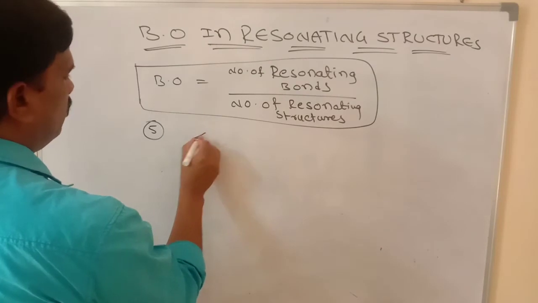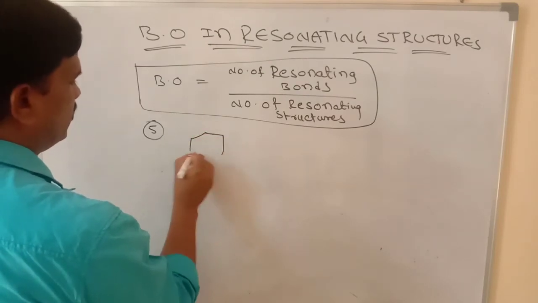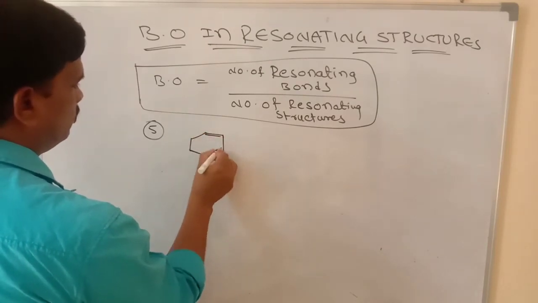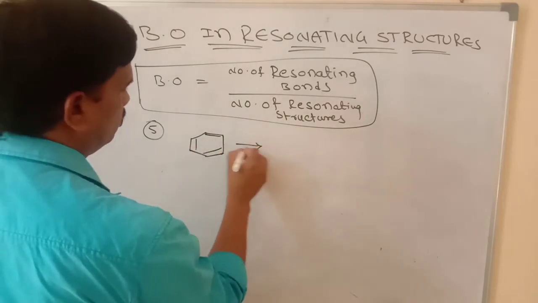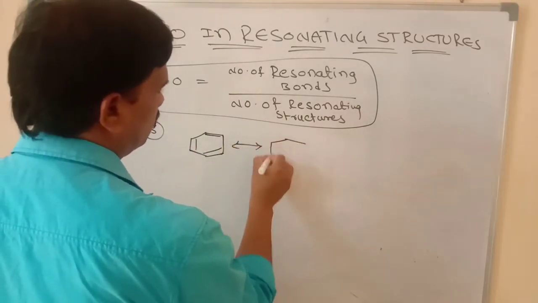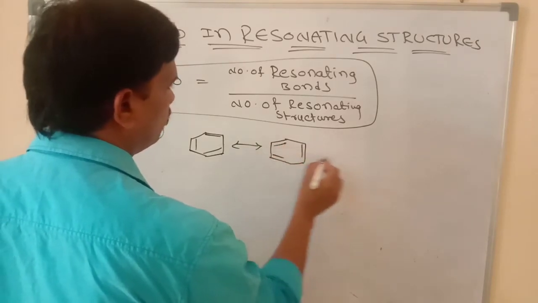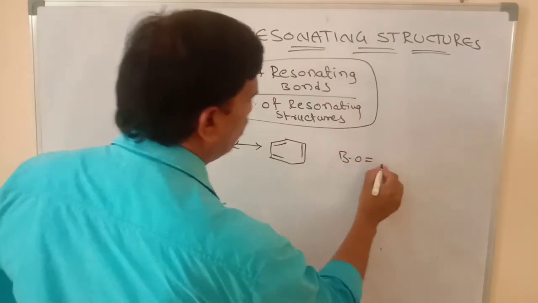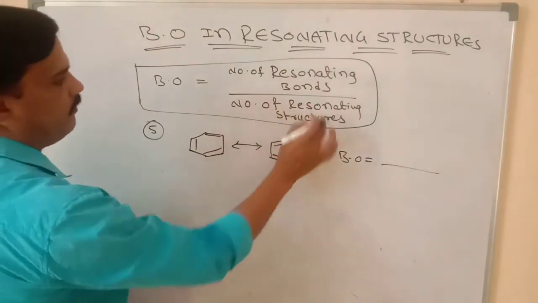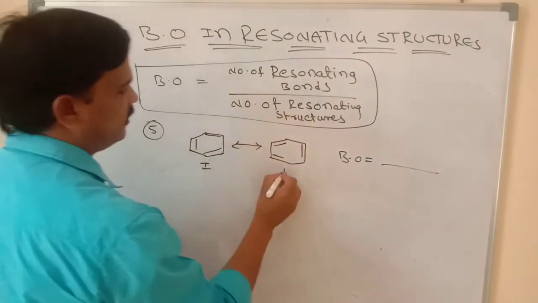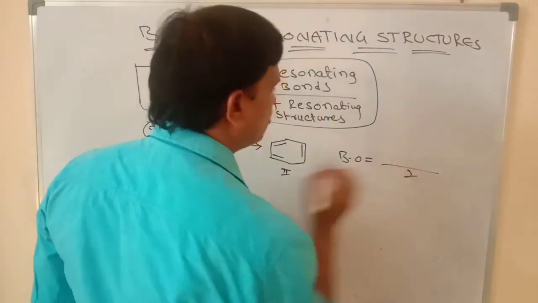For example, benzene. How to calculate the bond order in benzene? The bond order is the number of resonating bonds divided by the number of resonating structures. This is 1 resonating structure, this is 2 resonating structures.